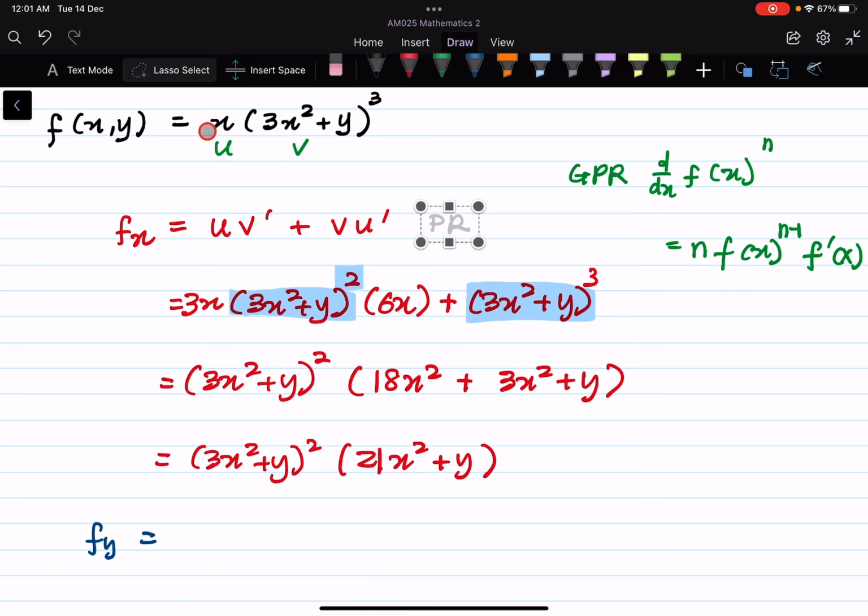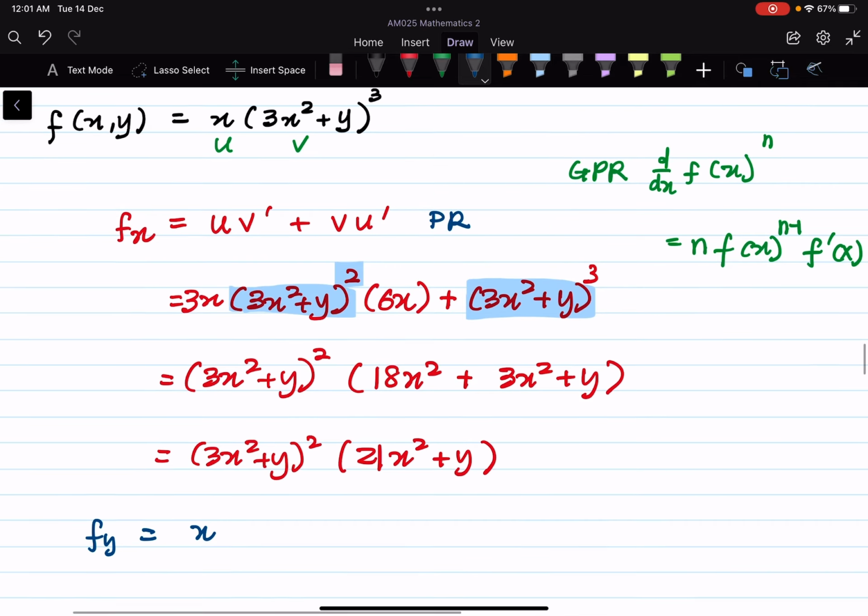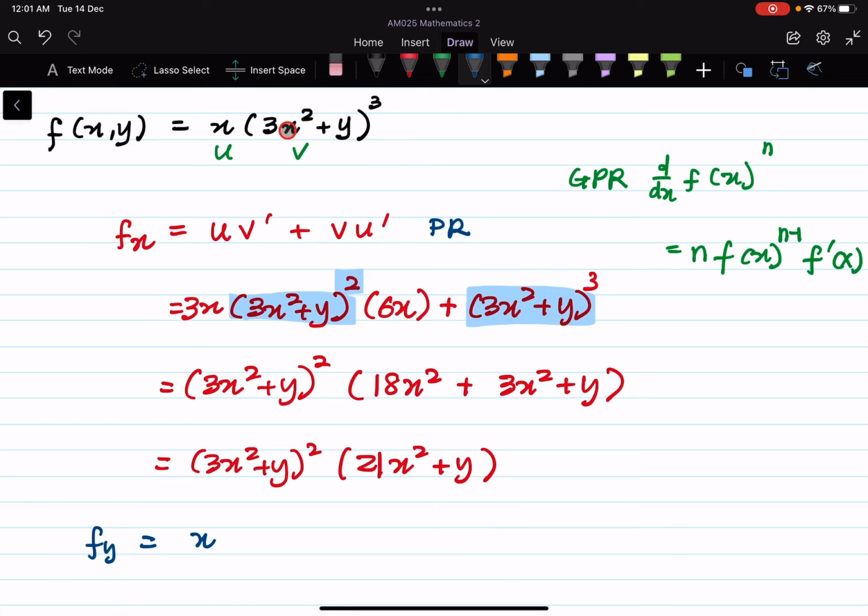So we can let this x be a constant, just write down the constant x. But for (3x squared plus y) to the power of 3, we're still going to use the general power rule. So we bring down 3 to the front, copy down (3x squared plus y) to the power of 2, because 3 minus 1 is 2.